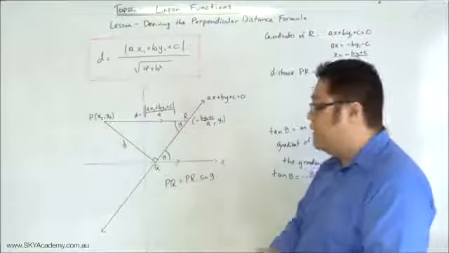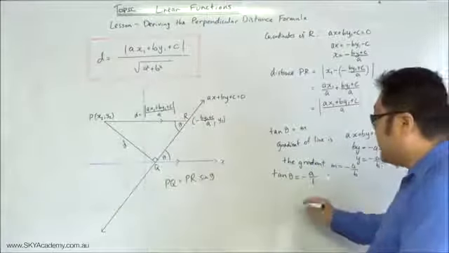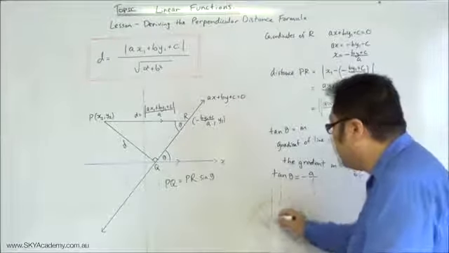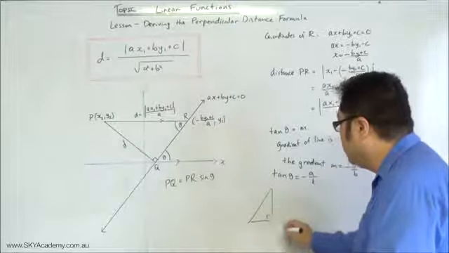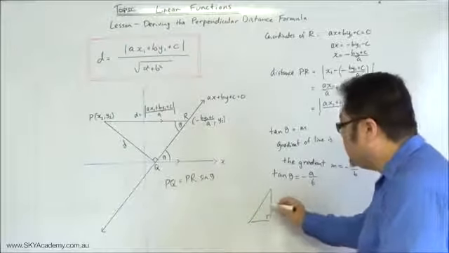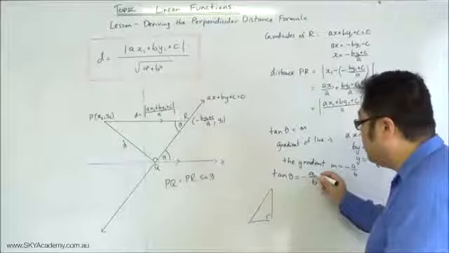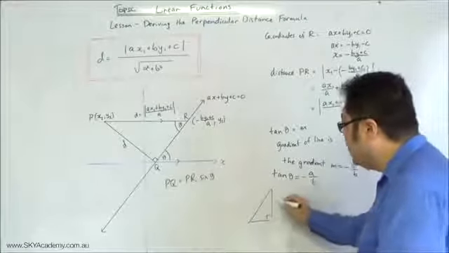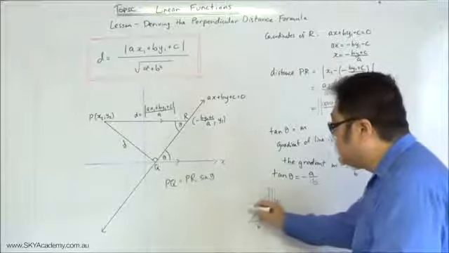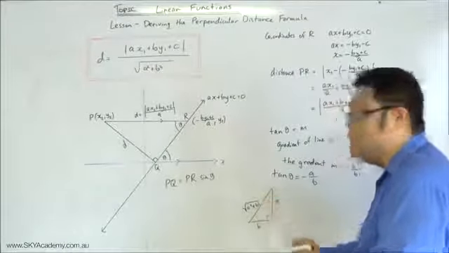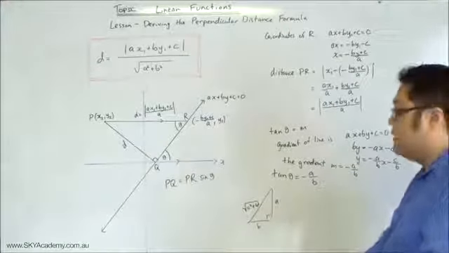Got that? Now, if the tan of theta is minus a on b, and we draw a right angle triangle where that's the opposite side over the adjacent side, a on b, the other side would be the square root of a squared plus b squared. Does that make sense? Yep.